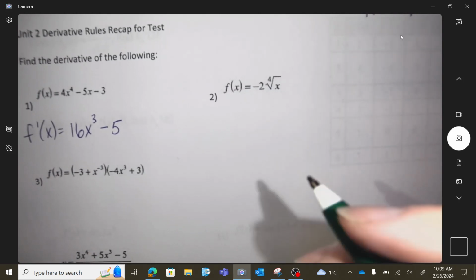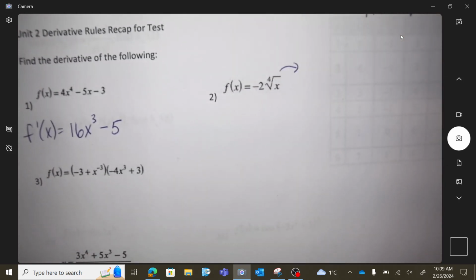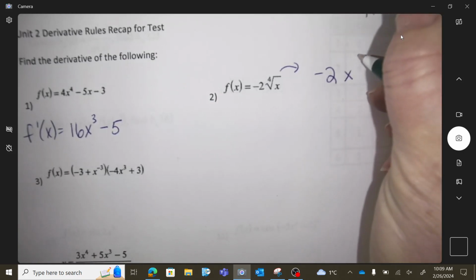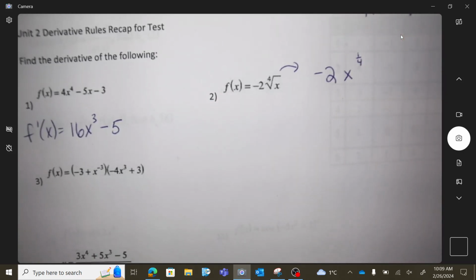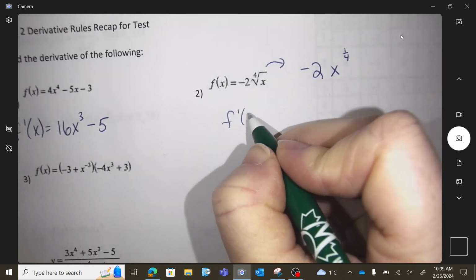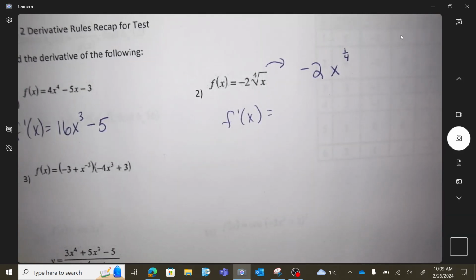Number 2, I would rewrite the radical stuff into exponents. So if you have a root 4, that's the same exponent as a quarter. Now, tackle the rules.